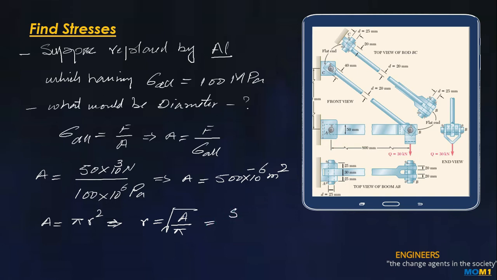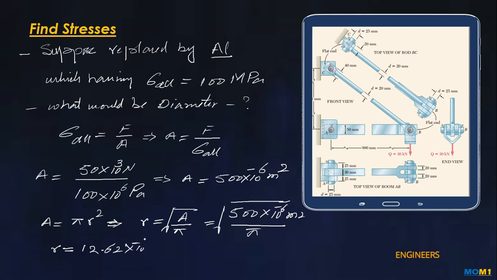So using this value, 500 into 10 raised power minus 6 meter square upon pi, r is going to be 12.62 into 10 raised power minus 3 meters, and since d is 2r, so we are having the diameter of 25.2 millimeter.